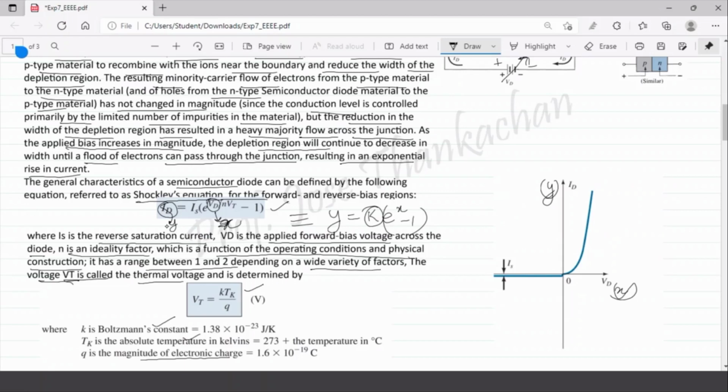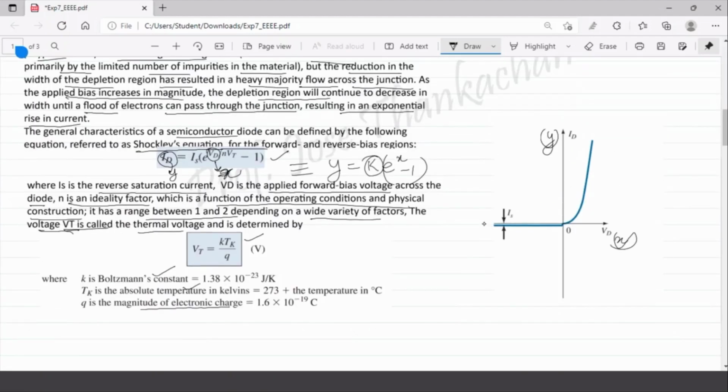So if someone asks you what is the expression for the current flowing through the diode, then you can write down this expression: Id is equal to Is into e raised power Vd by eta Vt minus 1, where Vt is the thermal voltage. It is equal to K into Tk divided by Q. You can see that this is your expression which is shown here also.